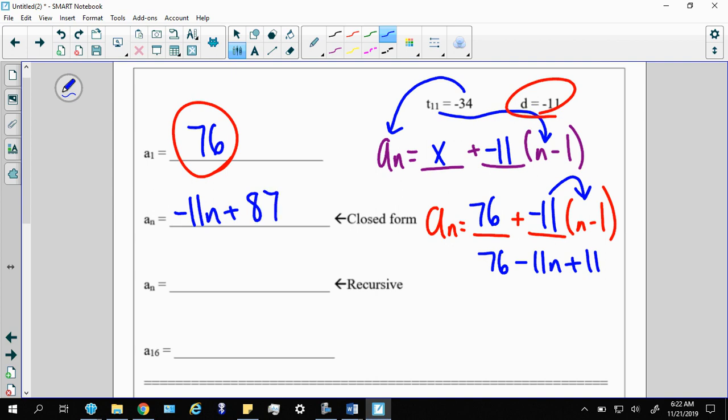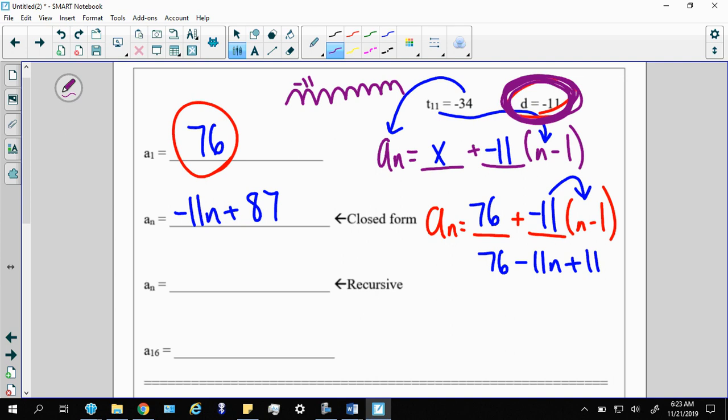Very simple. Now, recursive. Remember, what are you doing every single time? I'll give you a hint. As you are thinking about what you're doing, I'm going to circle and keep circling the common difference. Remember what that common difference means. It means every single time I move throughout the sequence, I am subtracting 11.